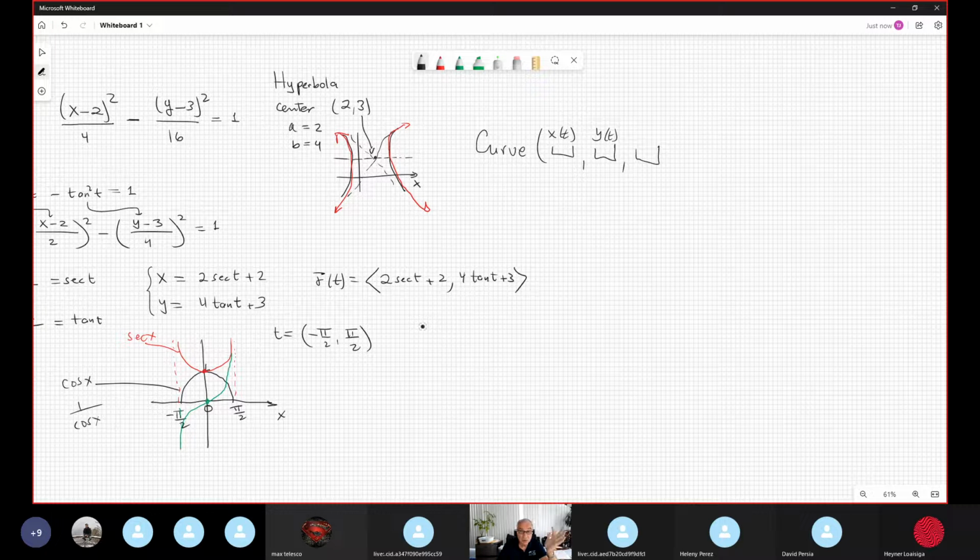2 dimensions or 3 dimensions, either way. We studied today both, no? Pero so far it's 2 dimensions. Coma t, que es el parámetro, coma the interval, que es minus pi over 2 and pi over 2, for example, in this example. And you see the hyperbola. Wow, fantastic, right? Entonces es super easy verification.